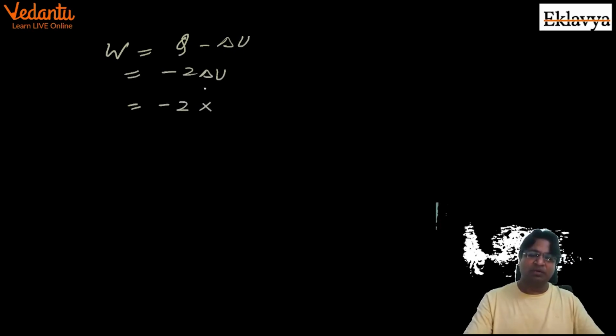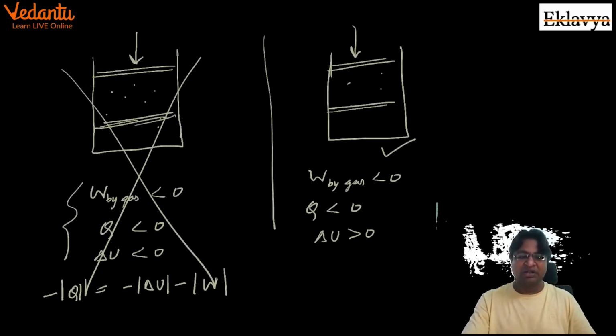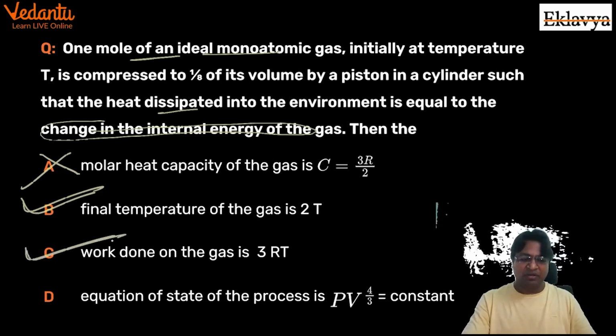So minus 2, and what is the change in internal energy? It is n is 1, Cv into delta T. So minus 3RT. This is work done by the gas and it is coming out to be negative. That means work done on the gas is 3RT. So this is correct.